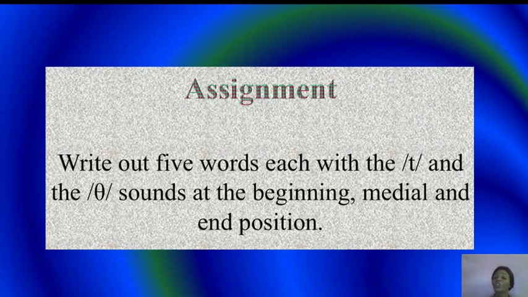Write 5 words with the t sound at the beginning, 5 at the middle, and 5 at the end. Same goes for the soft th sound: 5 words at the beginning, 5 at the middle, and 5 at the end. I believe that's a very simple assignment, and you know what to do.